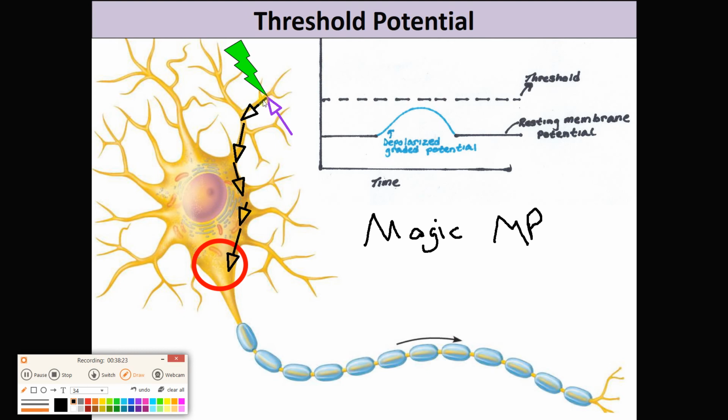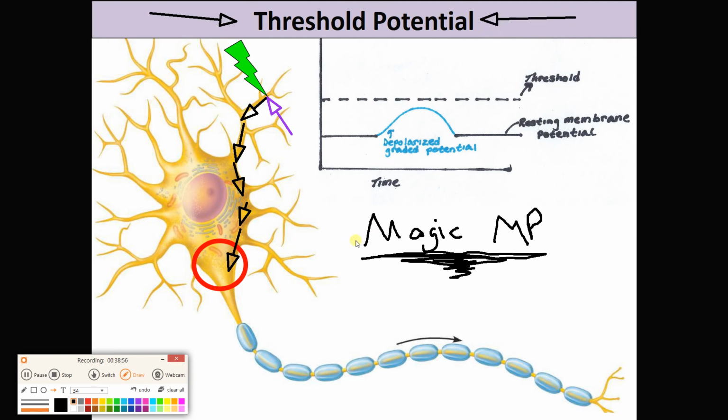That caused a wave of depolarization that traveled all the way to the axon hillock. That makes the axon hillock depolarize. Question is, will the axon hillock depolarize to the magic membrane potential? The magic membrane potential has a name. You might have guessed it already. If you're looking at this slide, you might have guessed it. The magic membrane potential is called the threshold potential.